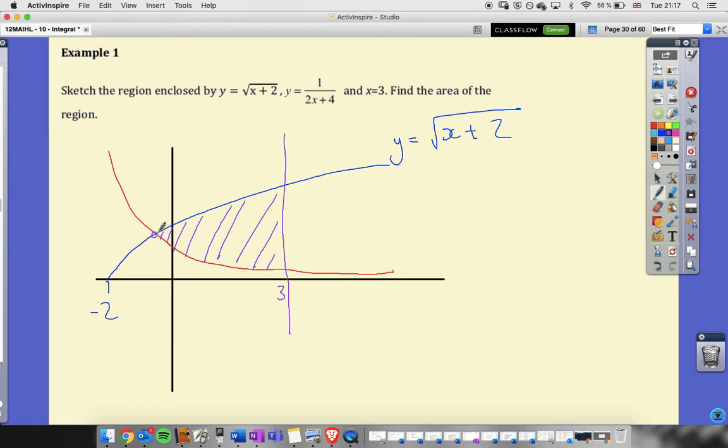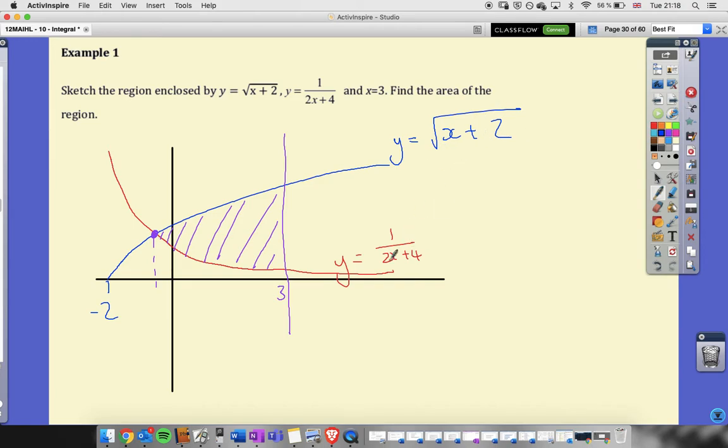So clearly this intersection point is quite important because that is the start, the lower boundary of our definite integral. So to find this area, I'm going to take my function on the top, which is the blue function, and subtract from it the function below.